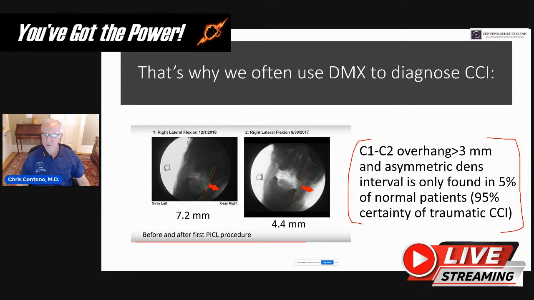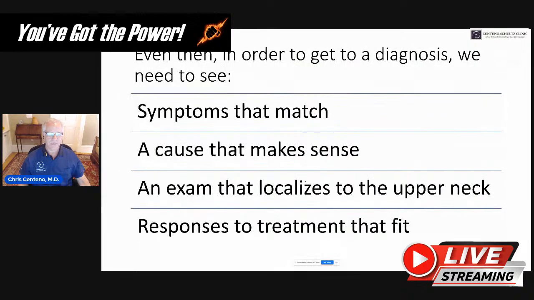What they found was that there was only a 5% chance that more than 3 millimeters of overhang of C1, C2 was normal. So that's why we use that test, because we need something that we know isn't often found in patients without the problem. And even with that, for a CCI diagnosis, we need symptoms that match, a cause that makes sense, an exam that localizes to the upper neck, and responses to treatment that fit.